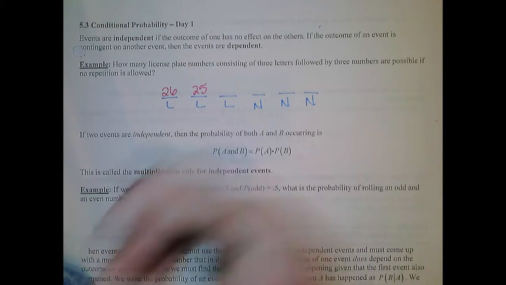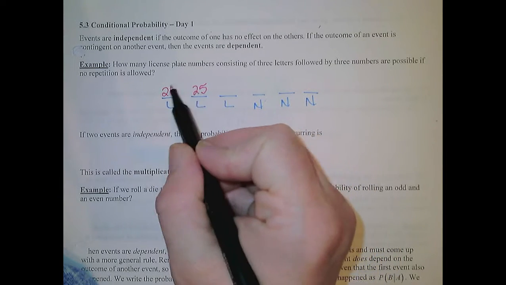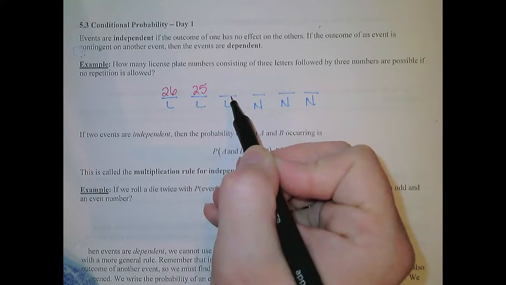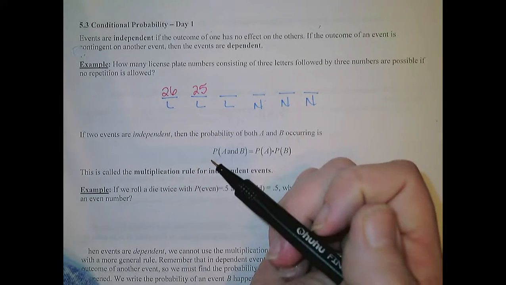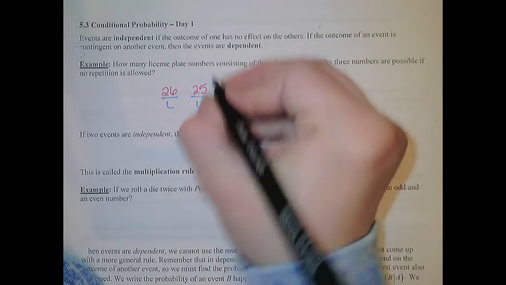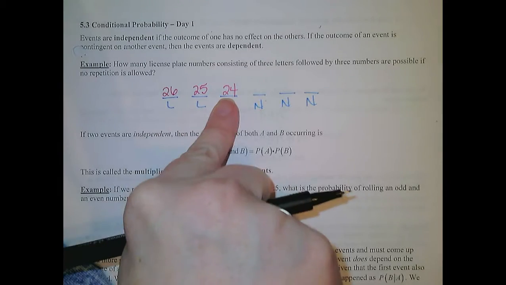And then in our third letter, because we have no repetitions, we can't repeat either of these 2 digits. So whatever letter we select for our third digit is also dependent on what we've selected for the first 2, which means that we have 24 possibilities for our third digit.